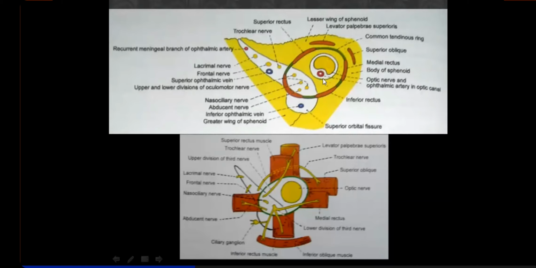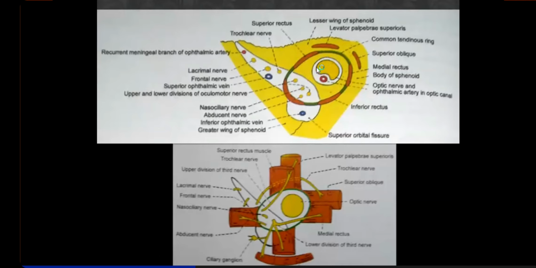The body of the sphenoid has this opening, the optic canal. Enclosing the two structures is the common tendinous ring, which encloses the optic canal as well as the middle portion of the superior orbital fissure.